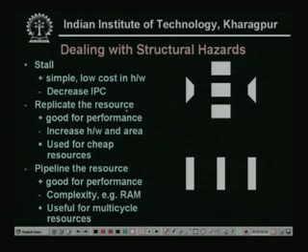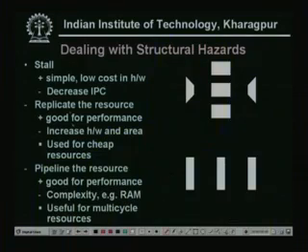So, replicate the resource, because two instructions in parallel want to use the same resource, but we have only one. One solution can be to replicate the resource. Obviously, it will be very fast, because there will be no hazard, and the performance will also be good, because at the same time both are using the resource.